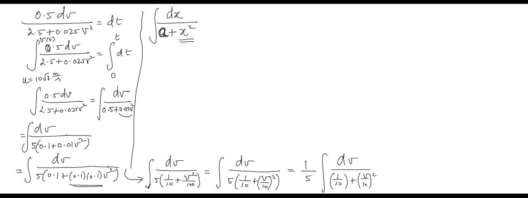When we compare this with the standard form, forget about the 1 over 5. This A looks like 1 over 10, and X looks like v over 10.